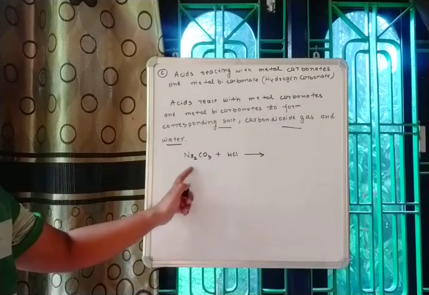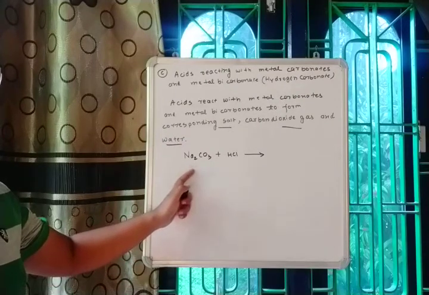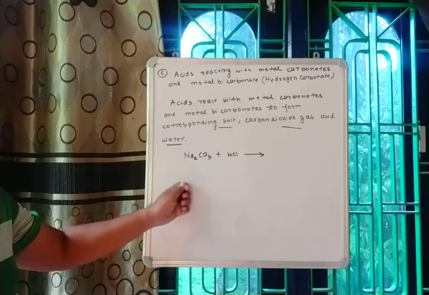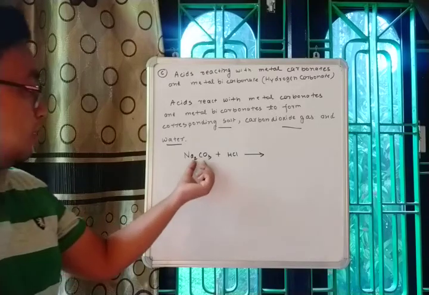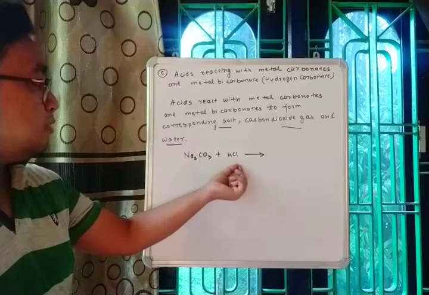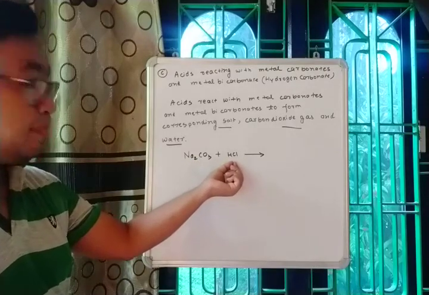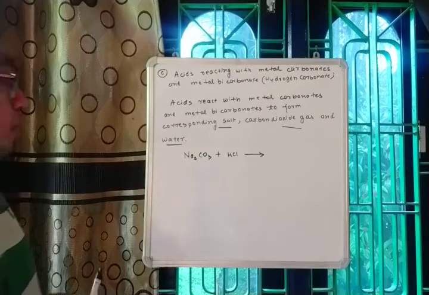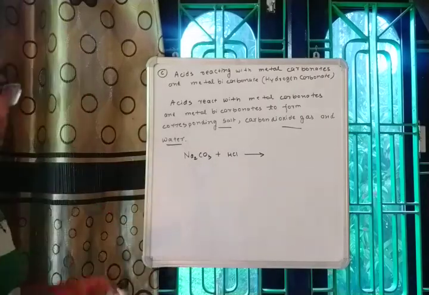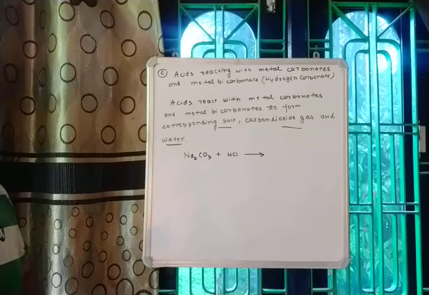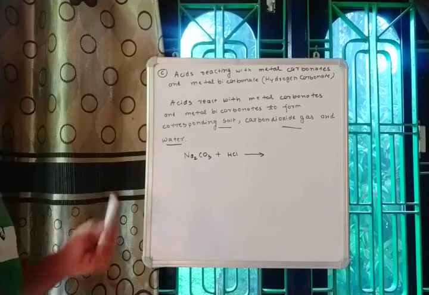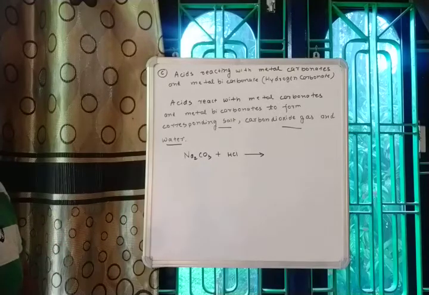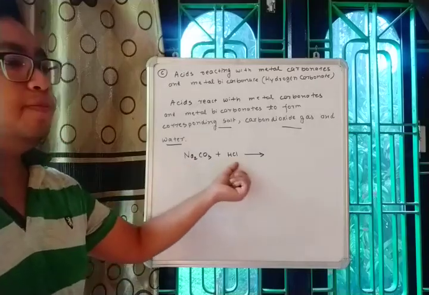One is the corresponding salt. What is the meaning of corresponding salt? It means when this metal carbonate reacts with this acid, it will give the salt which results from this and this. The salt cannot come from anywhere else. The salt must come from this one and this one combined.